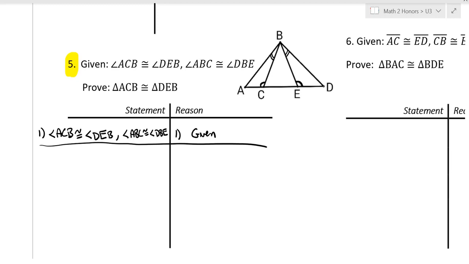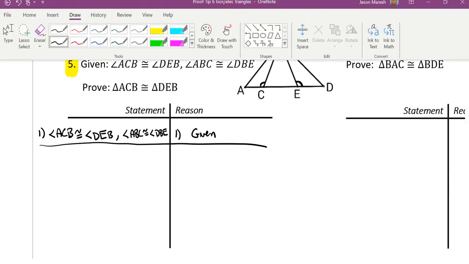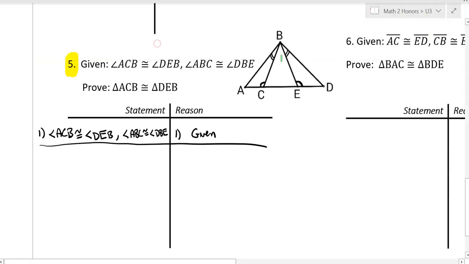If we can get an isosceles triangle here, we're going to get two sides congruent. So if I could show that this triangle that I'm highlighting in green is an isosceles triangle, then I can get BC is congruent to BE, which will help me with my proof.